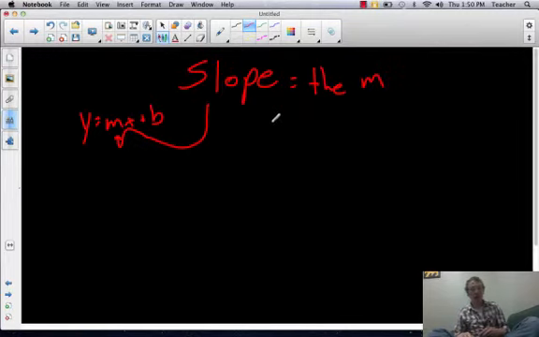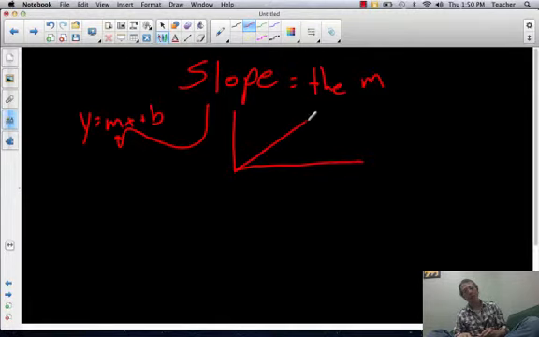Now, what does slope mean? Well, let me draw you a quick little deal right now. Slope is all about triangles. Right? We're past geometry. I thought we were done with triangles. Not even close. Now, let's say 0, 1, 2, 3, let's say this is 1 and 2.